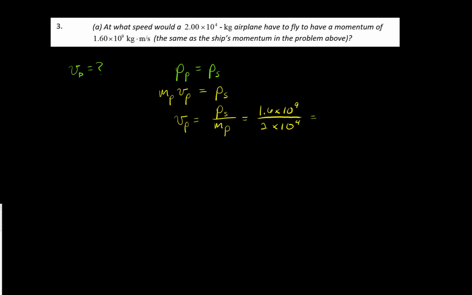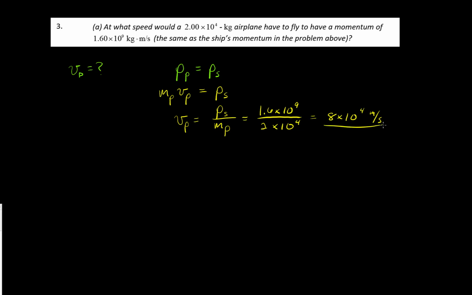Calculating that, we get 8 times 10 to the 4th meters per second. That's a crazy big number. The plane couldn't go this fast. But there you go, there's the answer.